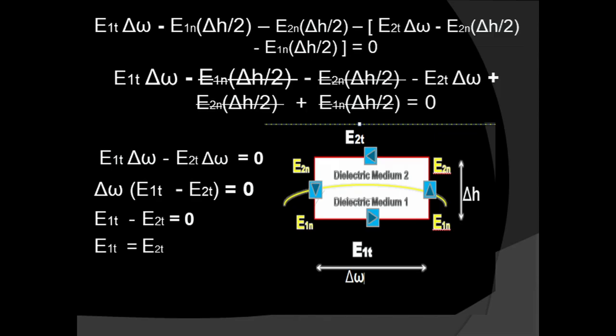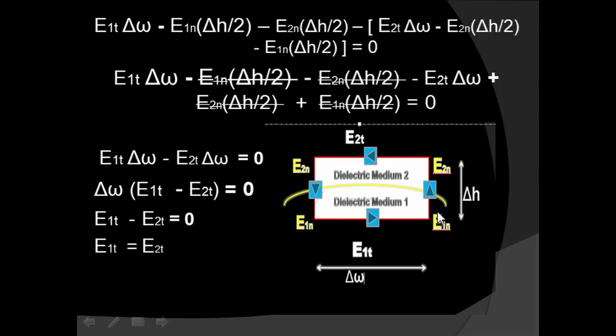In the first term, we multiply the electric field and the length of the pillbox, so the first term is E1t times del omega. The second term indicates the direction, so I indicate the negative sign here. The second term is E1n times del h by 2.